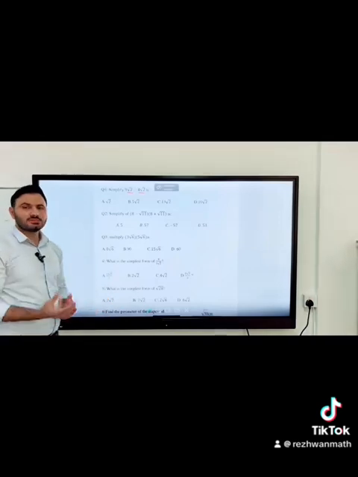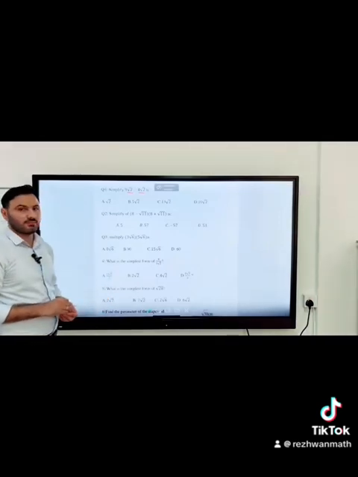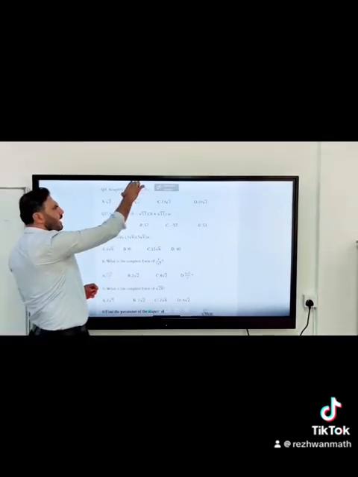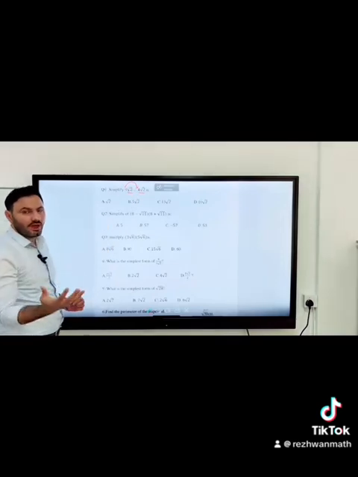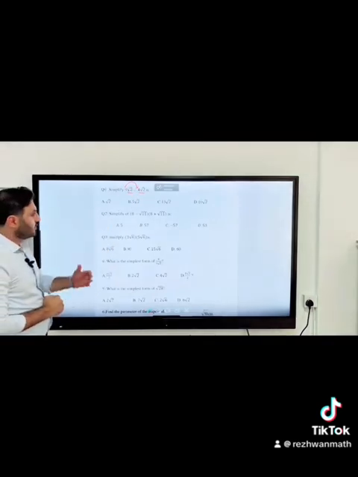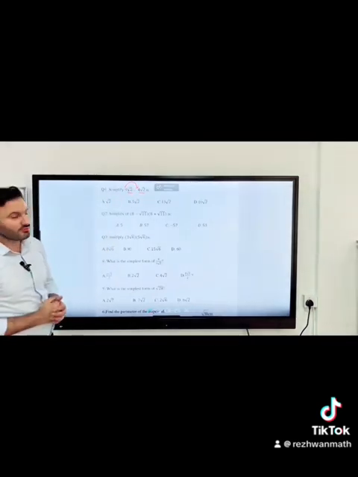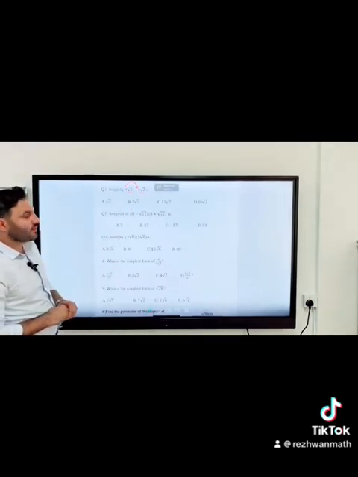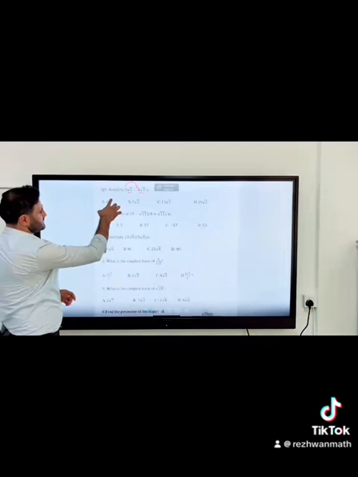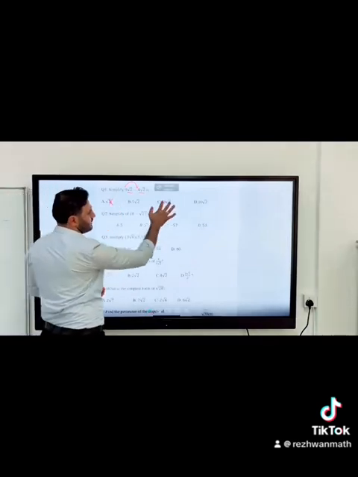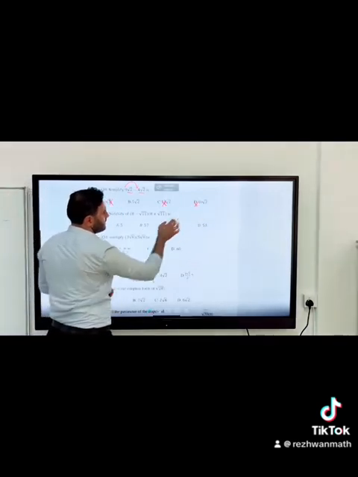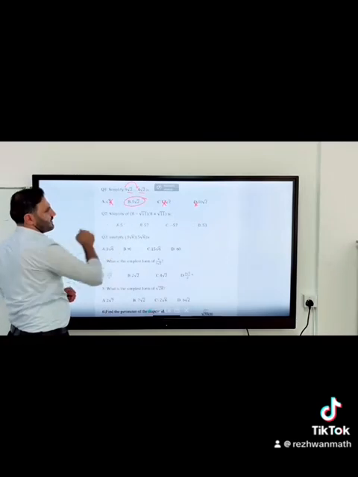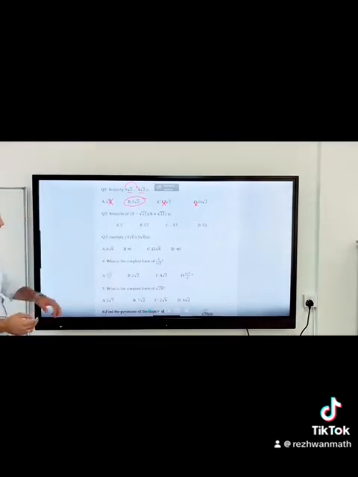So we can add and subtract the numbers in front of the radical. So 9 minus 4, we get 5, and keep the square root. Which one is 5 square root 2? A is not, and C is not, and the same for D. So the right answer is B.